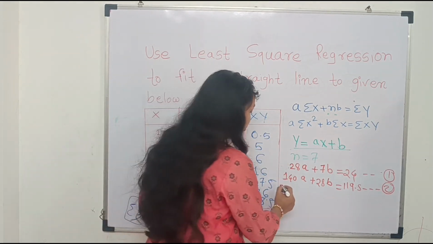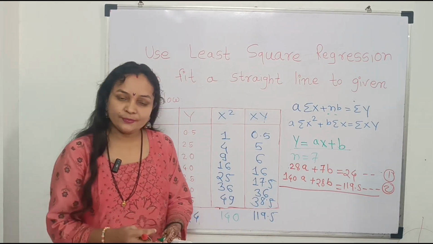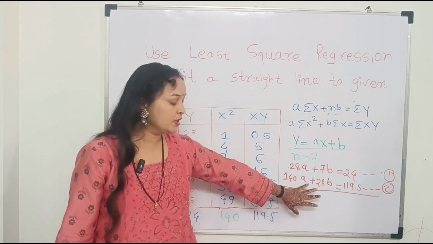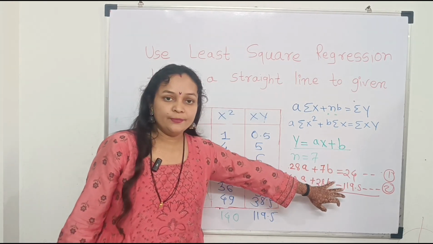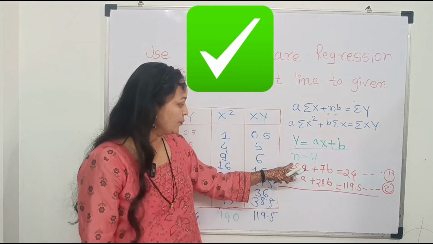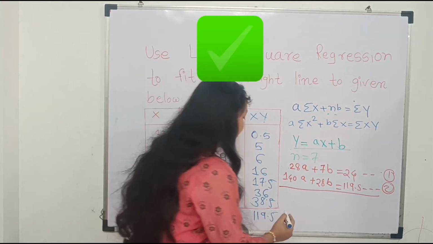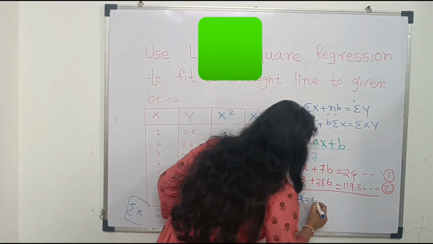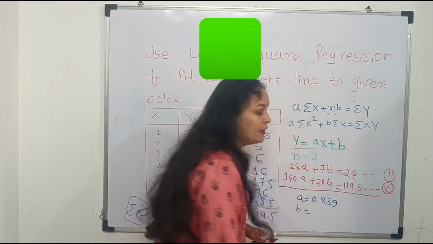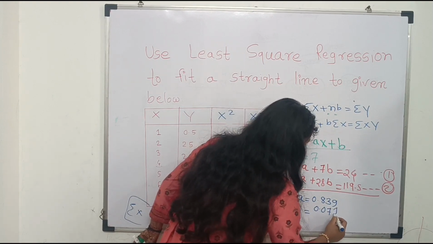So if you are going to solve these two equations, there are different methods. Through the calculator you can directly calculate a and b, or otherwise you can solve them by the elimination method. After solving, we get the value of a as 0.839, and for b we get the value of 0.071.